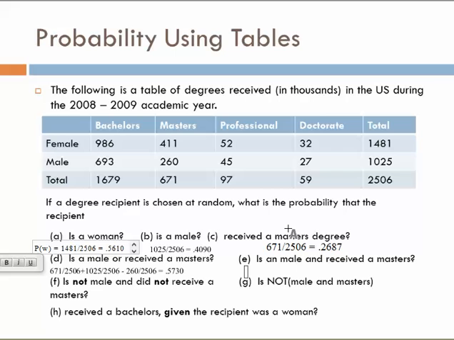So the probability that they're a male with a master's is 260 out of the total people, which is 2506. And that comes out to be, as a decimal, 0.1038.